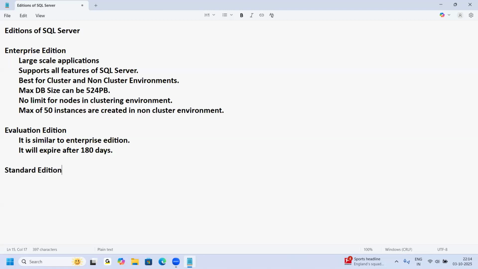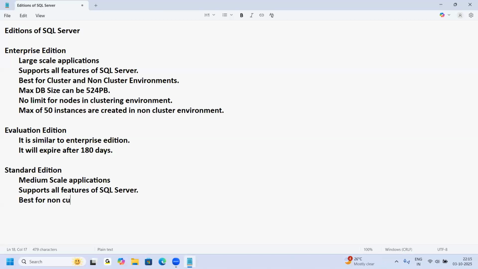Then you would find Standard Edition. That is used for medium scale applications. It supports all features of SQL Server.